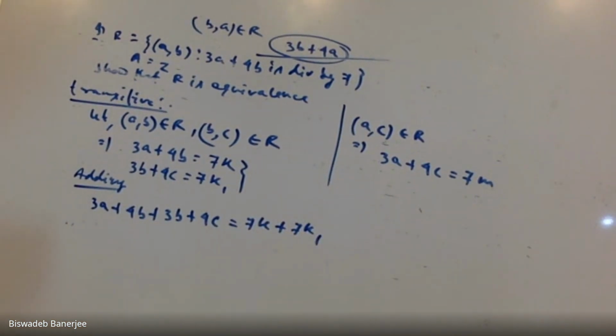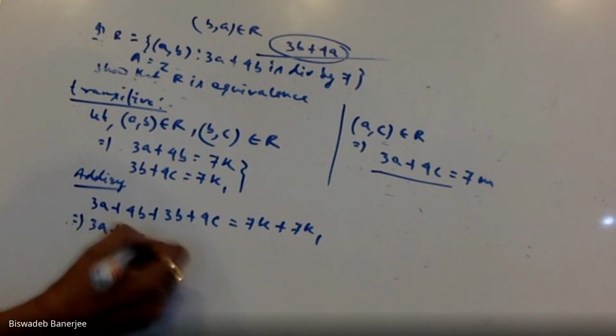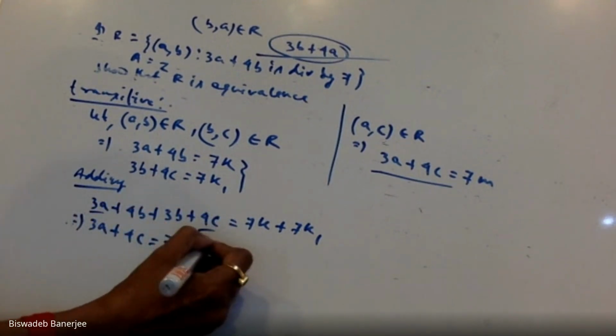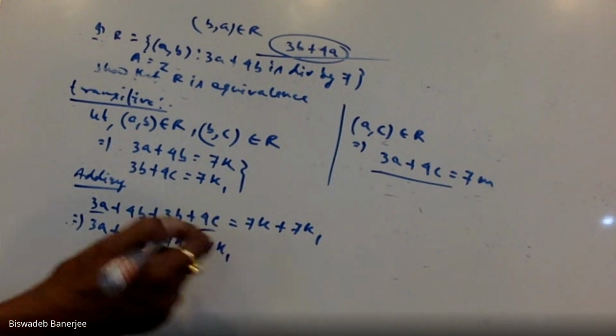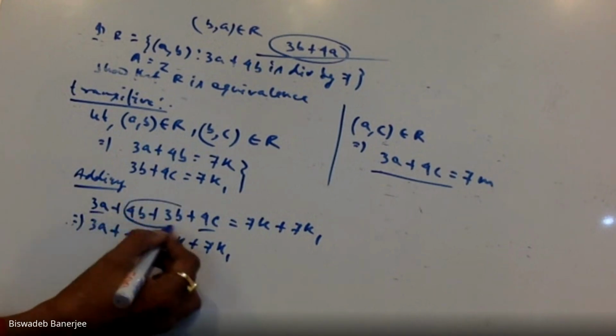But see that we need only 3a plus 4c. So this becomes 7k plus 7k1, and see that 4b plus 3b gives you 7b.